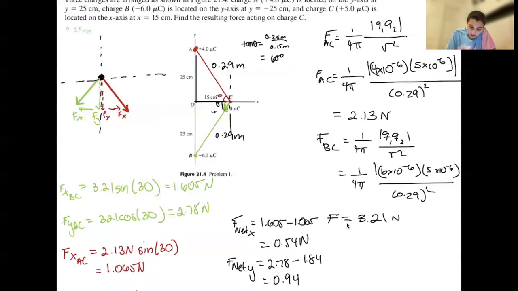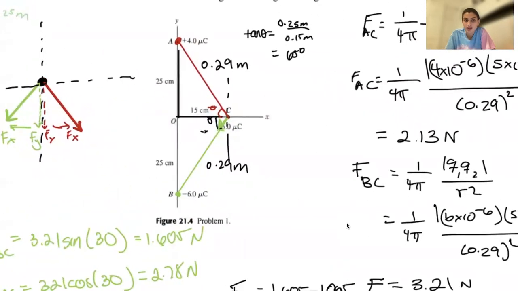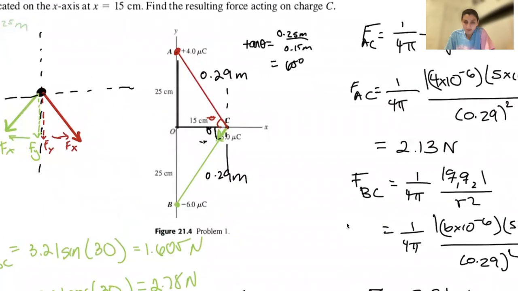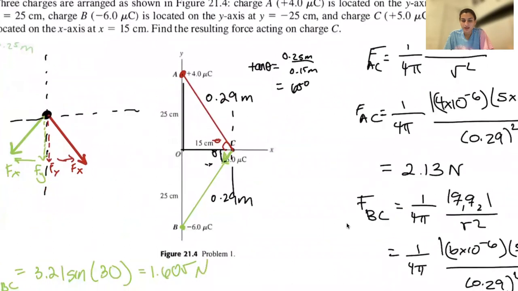Okay, so let's start. The first thing is knowing the effects of these charges on charge C. You can't see it right here, but charge C has a +5 microcoulombs charge.